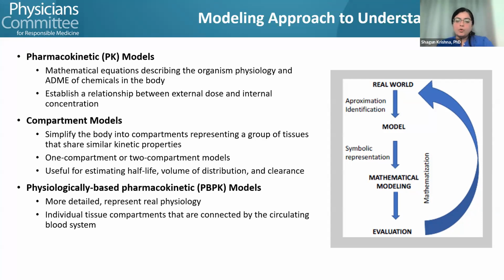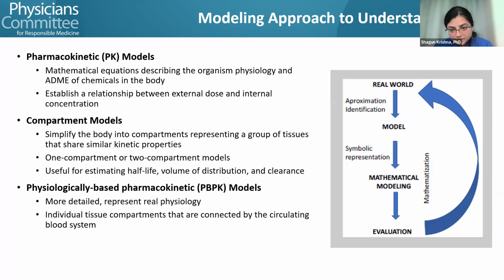And there are more complex models, which are called compartment models. Compartment models go a step further by dividing the body into different sections with similar properties. And these compartment models help us to calculate things like half-life and clearance of the body. Half-life means how much time that chemical is going to spend inside our body, and clearance, how that's going to be excreted.